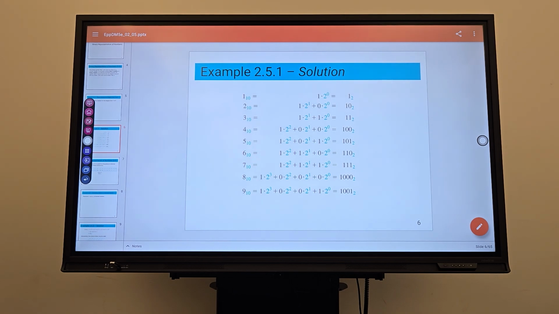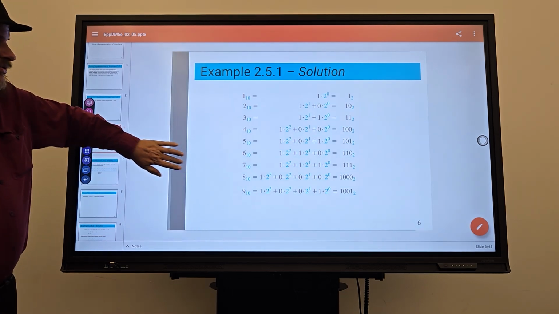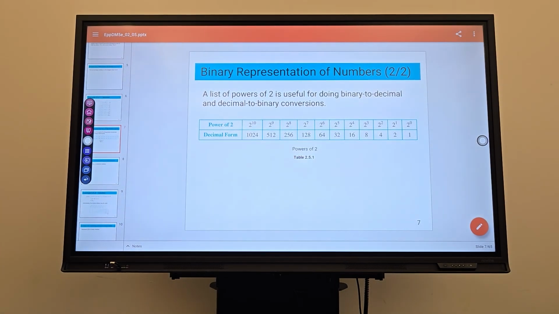So each position is a power of 2 in the case of binary. The powers of 2 are kind of important to remember.